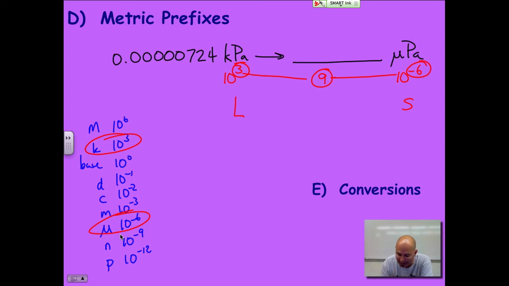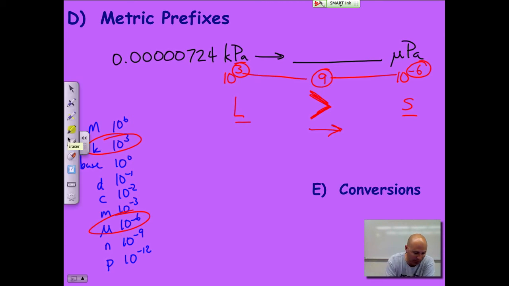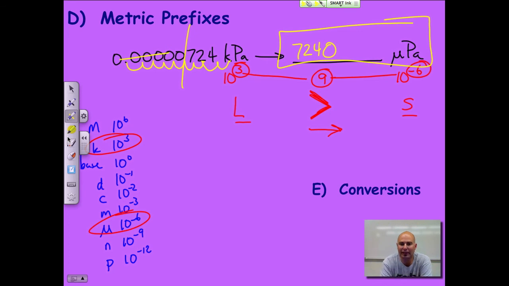So again, it looks like we're going to be moving it to the right, larger than the smaller one. So let's move it 9 places to the right. 1, 2, 3, 4, 5, 6, 7, 8, 9. We don't have to worry about all the zeros when we write it: 7, 2, 4, 0. So there would be 7,240 micropascals in that number of kilopascals.